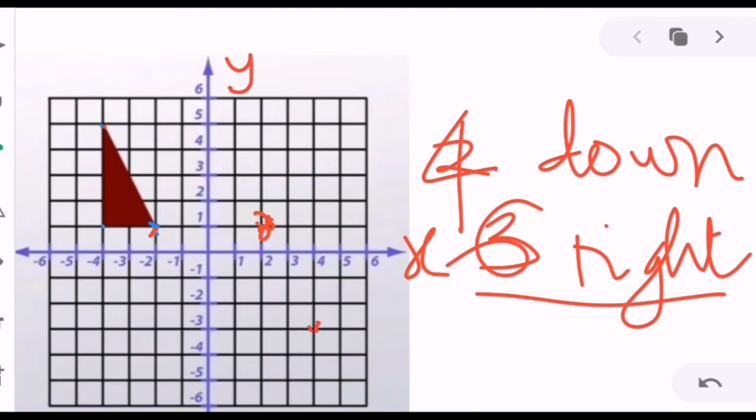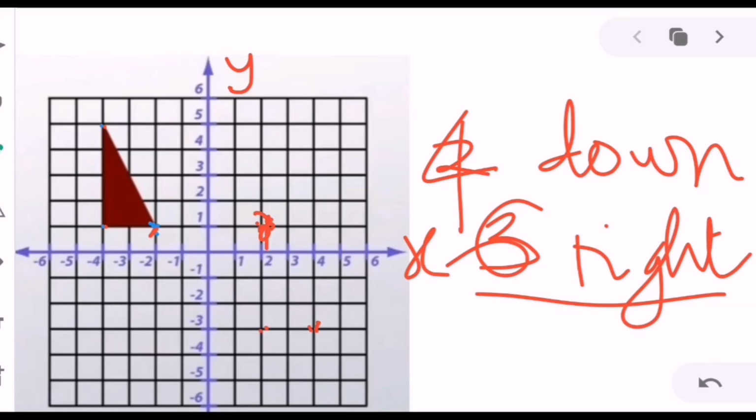Then our last point, which is this side. That is going to be the same thing, 4 units down. 0 is there. So we have 1 on the line, 2, 3, 4 units down, 6 units to the right: 1, 2, 3, 4, 5, and 6. So we have 2, -3 as the new coordinate of this.